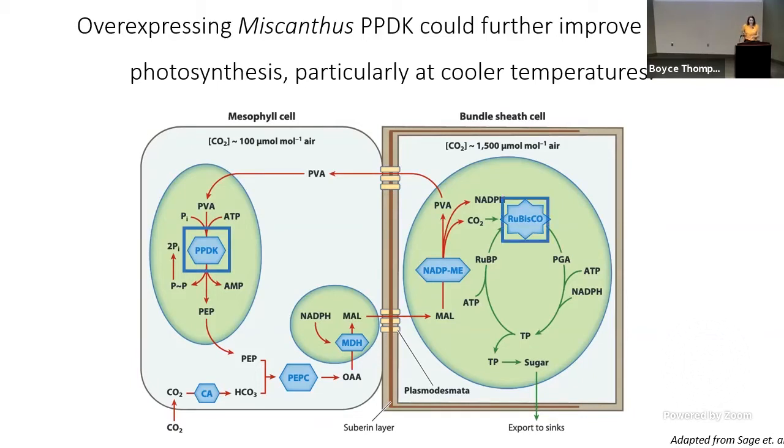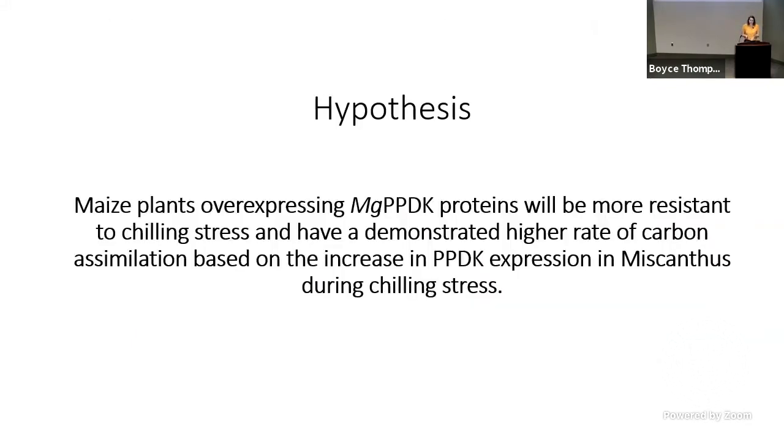So the idea is that if Rubisco is in the bundle sheath and we're overexpressing PPDK, then theoretically we should be able to improve C4 pathway flux. And that's basically the hypothesis. If we're overexpressing RAF1 and the Rubisco large and small subunits, the assembly factor, in addition to Rubisco and PPDK, maybe we can continue to just kind of bump up the C4 efficiency to where it could be based on how much Rubisco we had in the plant.